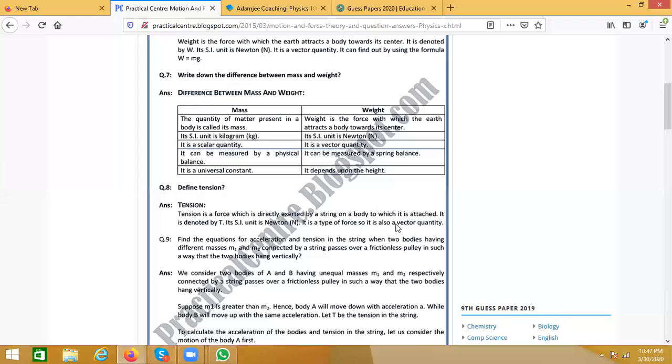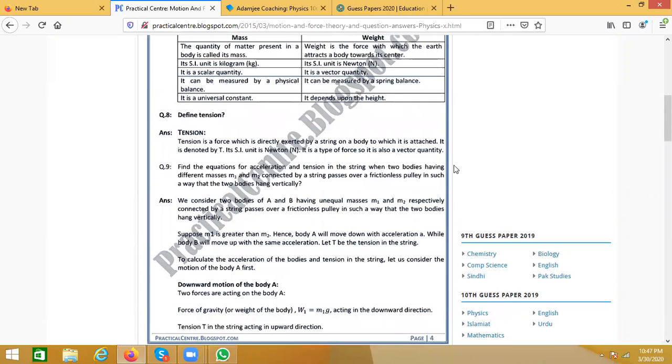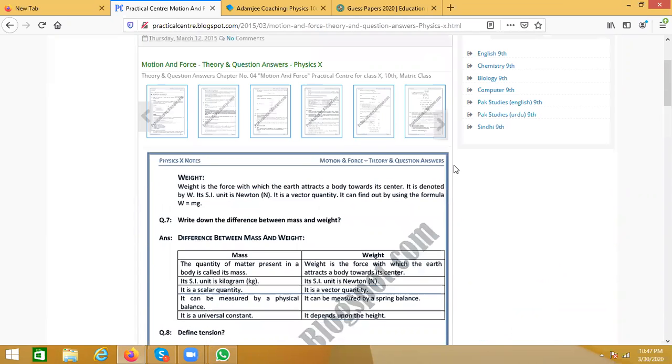This is how you are going to attempt it, but it is advisable to memorize at least 3 to 4 points, because sometimes you can miss one or two, so then you can make up for that. Clear, Anas? Yes, sir. Okay, that's good.